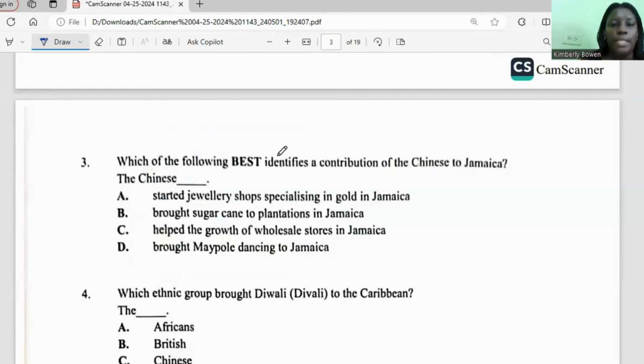Which of the following best identifies a contribution of the Chinese to Jamaica? The Chinese started jewelry shops specializing in gold in Jamaica. No, they brought sugarcane to plantations in Jamaica. That's also not true. Helped the growth of wholesale stores in Jamaica. I think this is just very obvious. The answer is C.